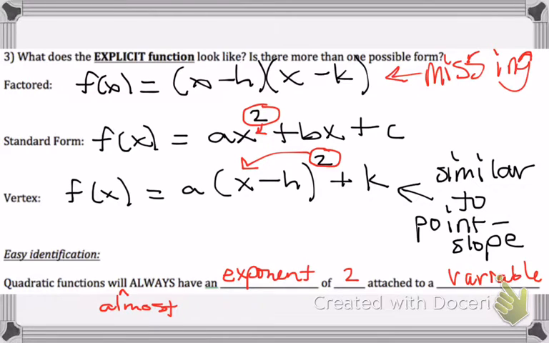What you will learn is that if you FOIL this, as some teachers teach it, or if you double distribute, the x times x is x squared. So you will still see the squared term right there, that exponent.